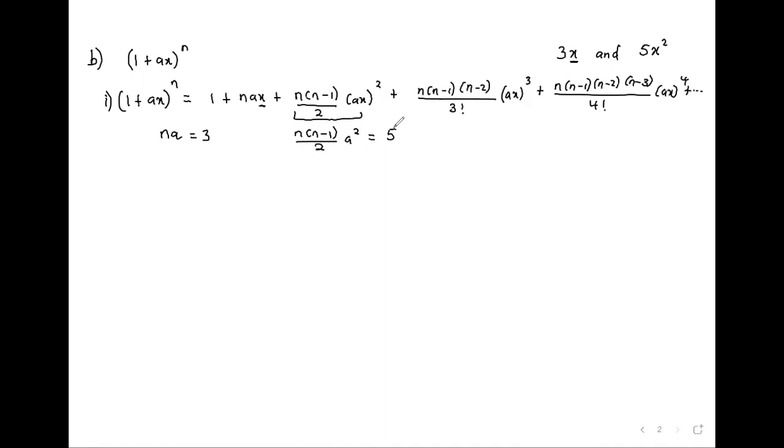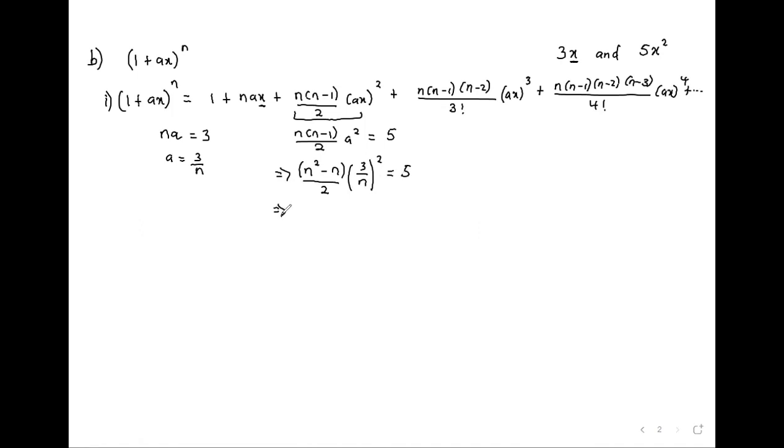So we have 2 unknowns and 2 equations. So you can find the unknowns. We'll solve for a from here to give us 3 over n and bring it here. As we expand, n times n is n squared. n times negative 1 we get negative n, over 2, multiplied by a squared, that is 3 over n squared, is equal to 5.